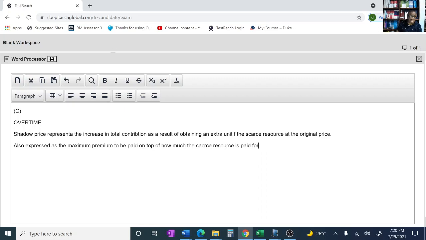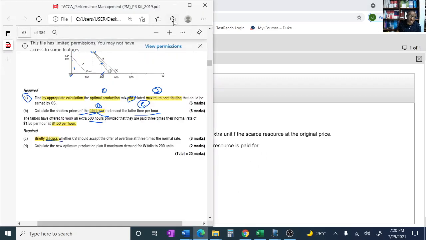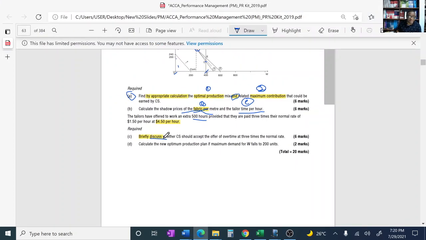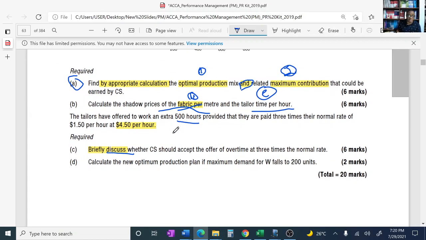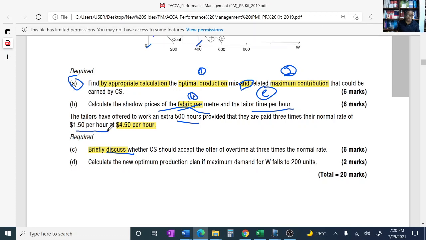If you go back to the question, it asks whether you should accept the offer of 3 times the normal rate. So they are paid 3 times the normal rate. And what is their normal rate? Their normal rate is 4.5.